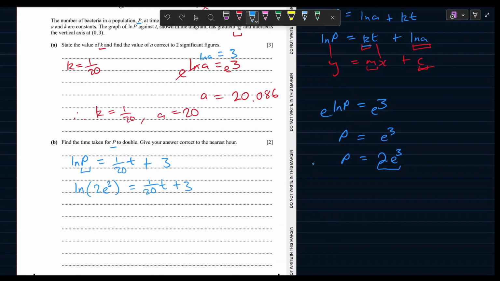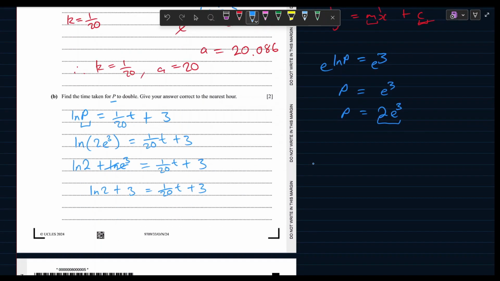So we can write this as ln 2 plus ln e cubed, using laws of logarithms. Since these are multiplying, they add if we separate them. This here cancels out, so you've got ln 2 plus 3 is equal to 1 over 20t plus 3.